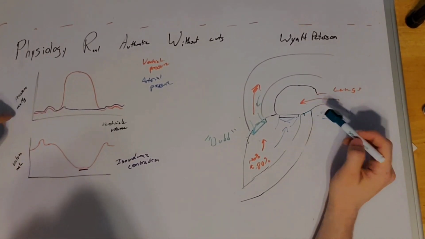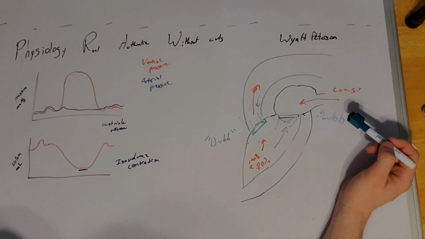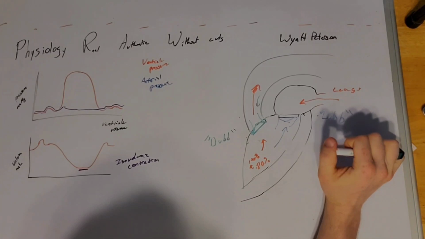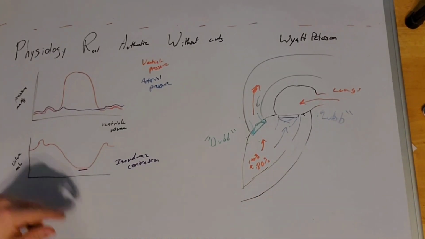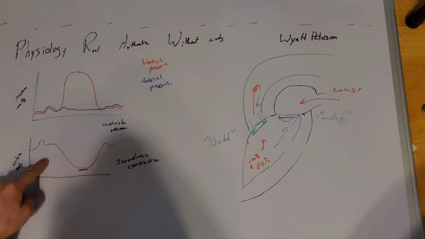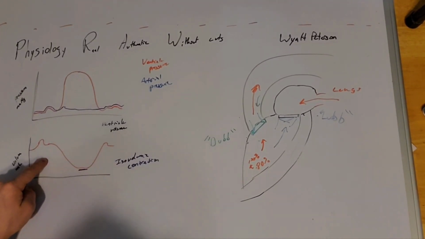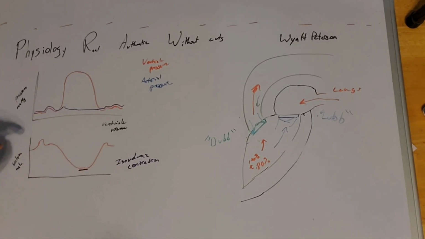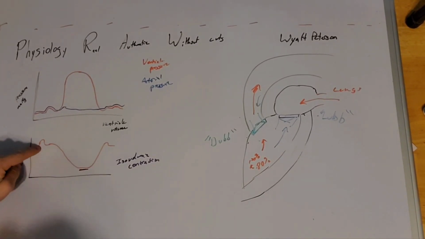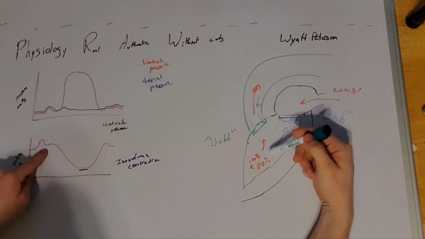So these are the pressure volume curves. The volume will shoot up for a second right when the atrium contracts, shooting that in.